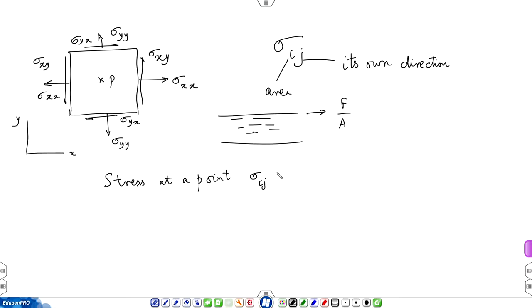So, I think in the book they use a matrix notation.